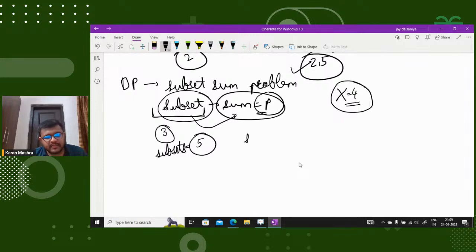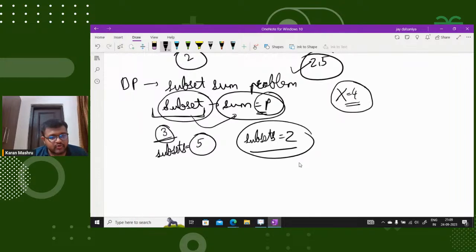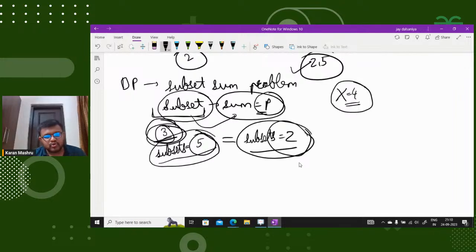I know the number of subsets whose sum is equal to 2. So the number of subsets whose sum is equal to 5 and should also include this 3 is nothing but the number of subsets whose sum is equal to 2. Because if there are, let's say, 4 subsets whose sum is 2, in each of these subsets I can consider this 3, and each of the 4 subsets will get converted to sum equal to 5.